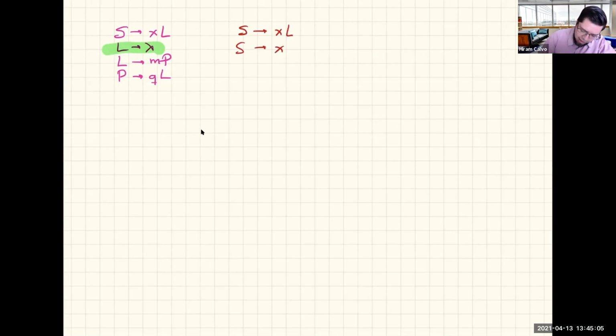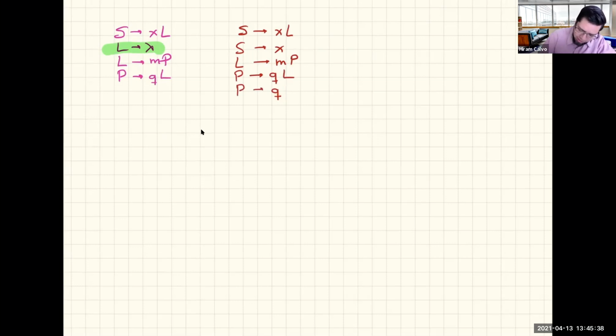So we just add a new rule, assuming that L was converted to lambda, only at the right side. Here, we just rewrite this one. Of course, we cannot disappear this L because we cannot disappear anything at the left side. And finally, we have P. And again, we have to write both versions of P, the one with L and the one without L, assuming it can go for lambda.